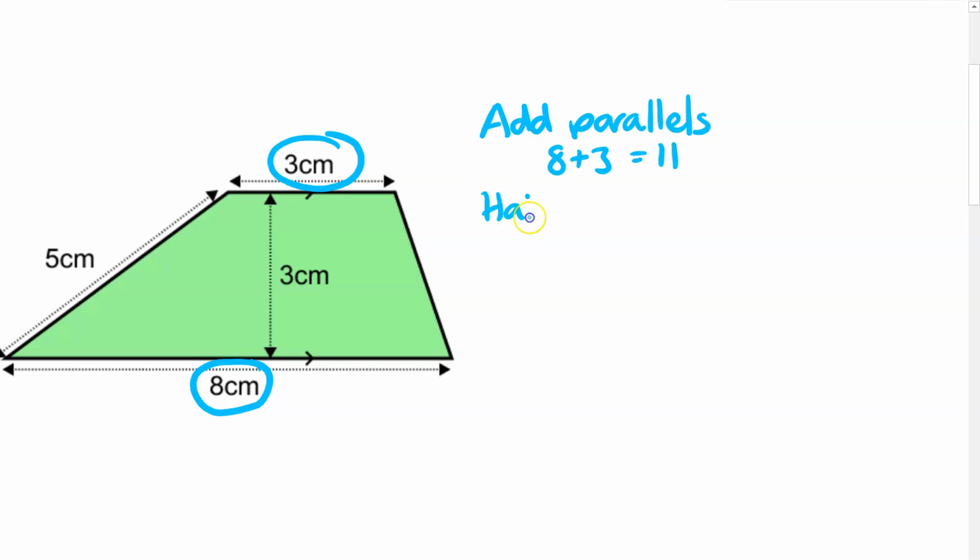Half it. So 11 divided by 2 is 5.5. What you're actually doing there is trying to find the middle of 3 and 8. And the quickest way to do that is to add it together and half it.